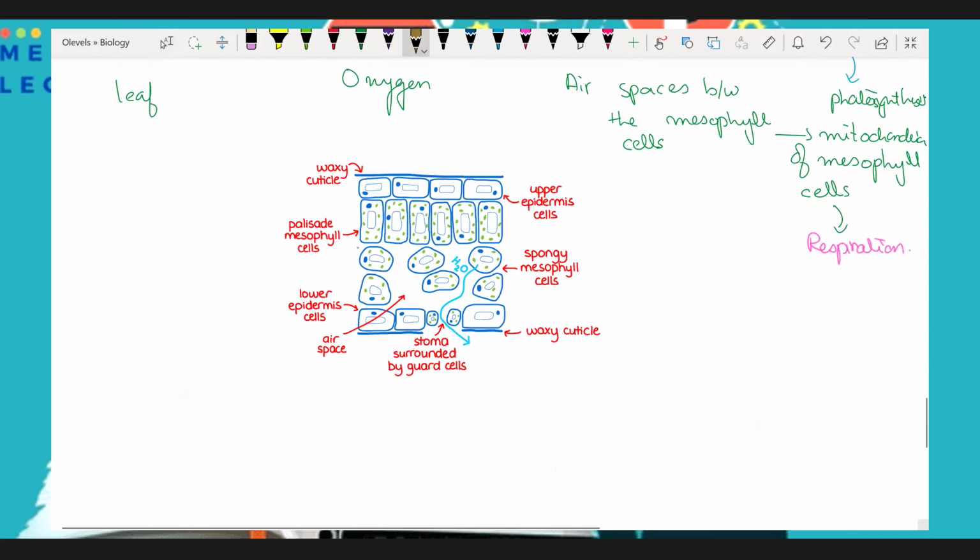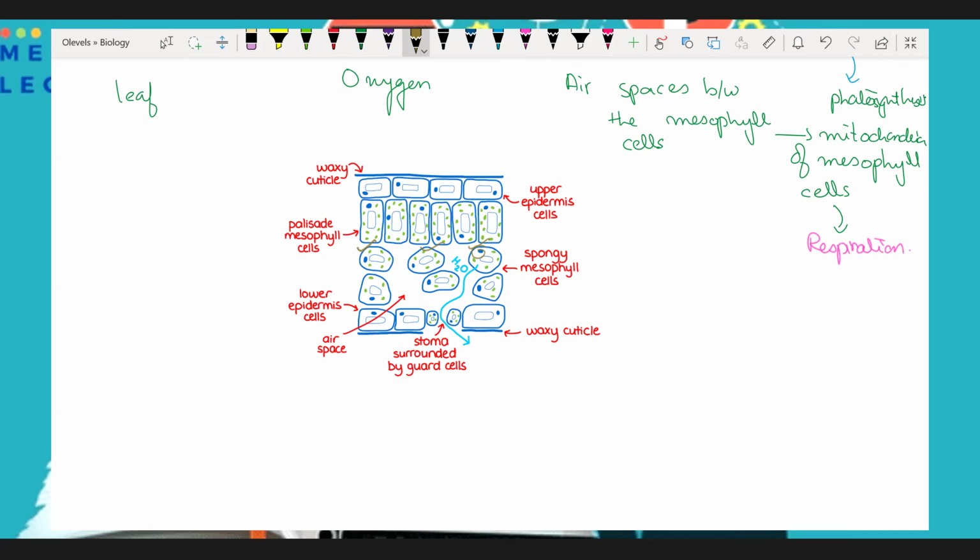Now we know that there is an empty space between the mesophyll cells. In case of carbon dioxide, it will move to the chloroplast in mesophyll cells, right? These mesophyll cells have the chloroplast as well.